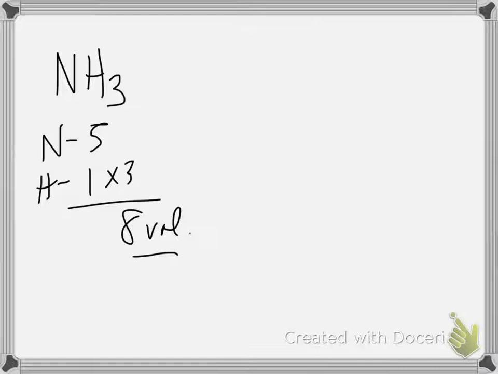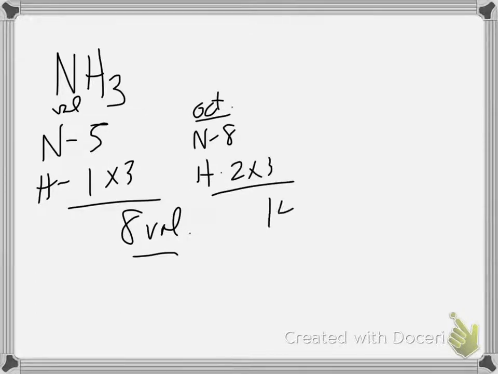How many would this need if it was going to satisfy all of the atoms that are there? Nitrogen wants 8. How many does hydrogen want? 2 times 3, so we get 6 and 8. We get 14 octet. We could call it 14 satisfaction electrons.